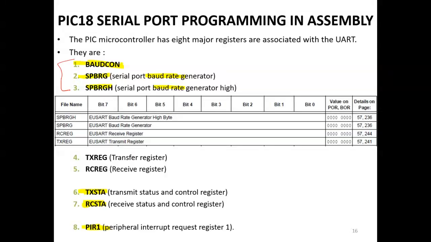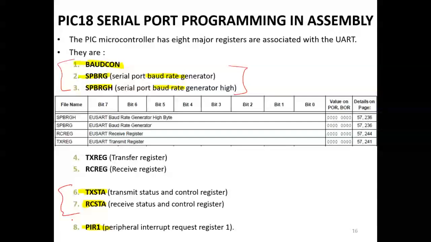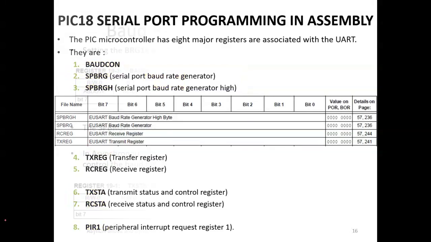So we have 5 registers that we can use for the configuration. Two of them are for the value of the baud rate and the others are for the configuration. Once we are done with the configuration, we can send the data via the TX register and receive the data from the RC register.